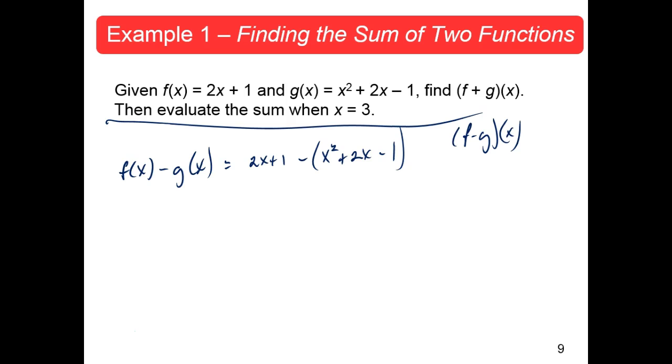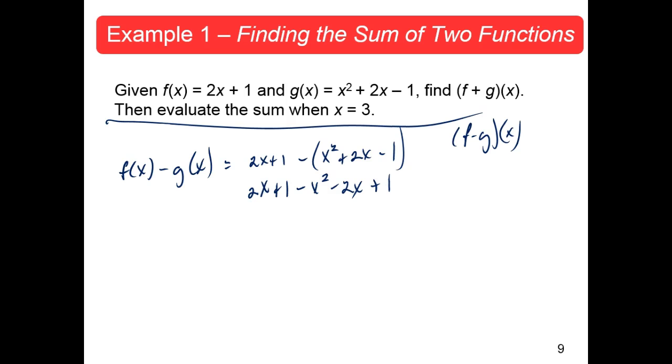So that's our next step. Let's get rid of erasing mode. And that would be 2x plus 1 minus x squared minus 2x plus 1. Excellent. Don't let those signs sneak up and bite you somewhere, because they will.